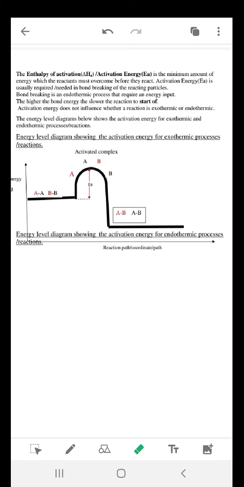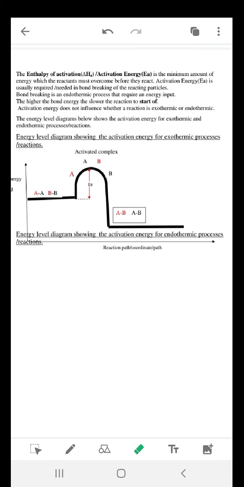So that minimum energy which the reactants must overcome before the reaction is the one that is used to break the bond. So the higher the bond energy, the slower the reaction. Okay, so the activation energy does not influence whether the reaction is exothermic or endothermic.